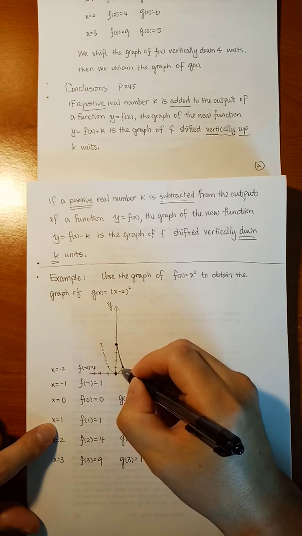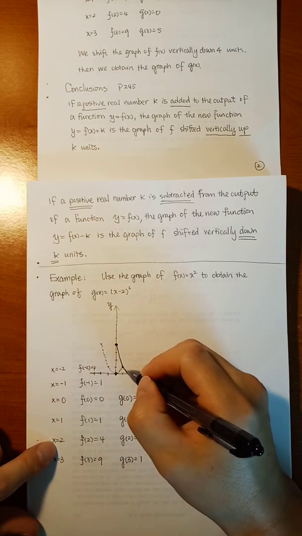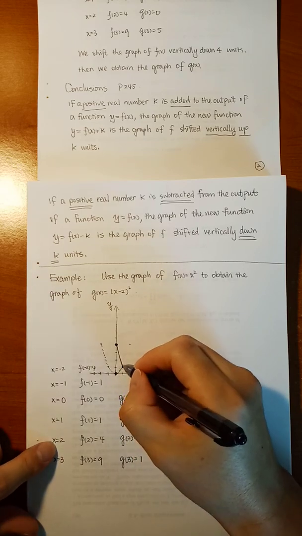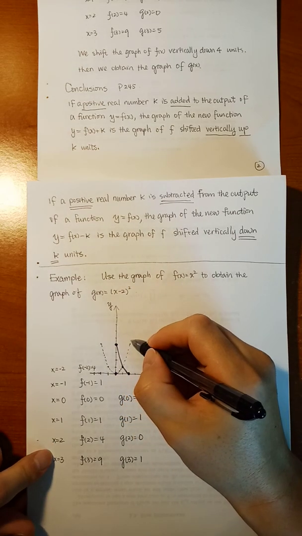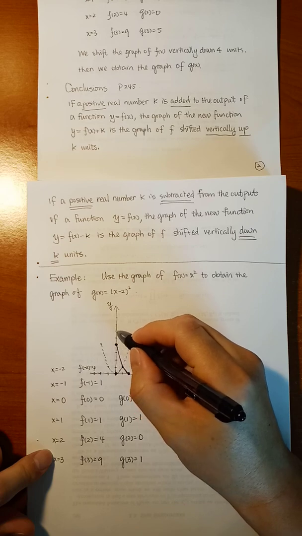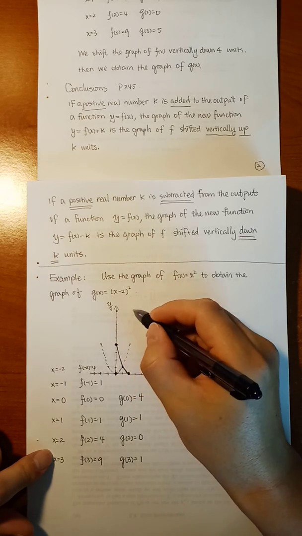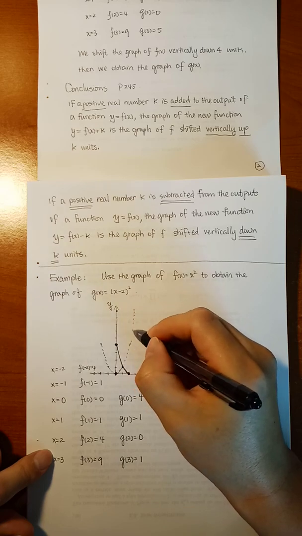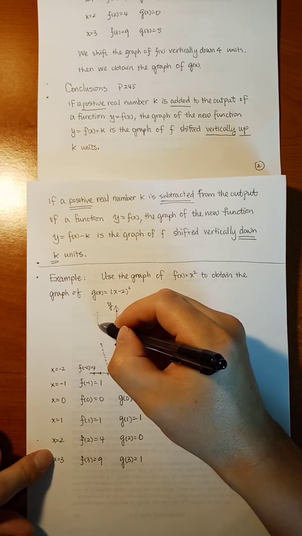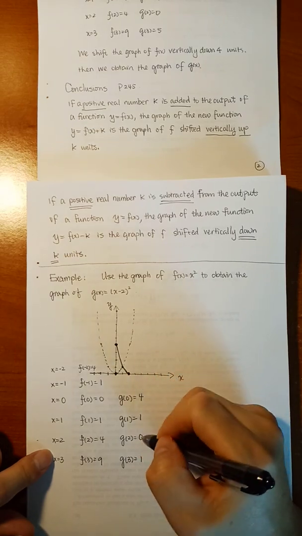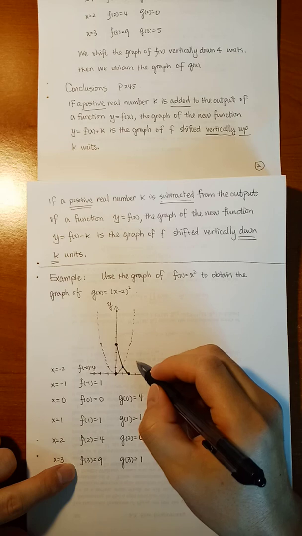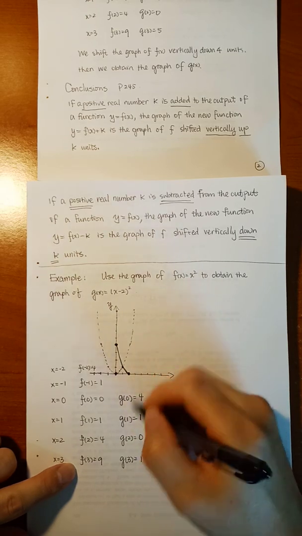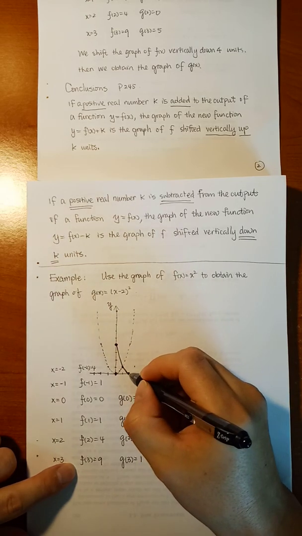This is f of 1. F of 2 is 4. F of 3 is 9. 5, 6, 7, 8, 9. 9 is here. And for g of 3, g of 3 is 1. 1 is here.